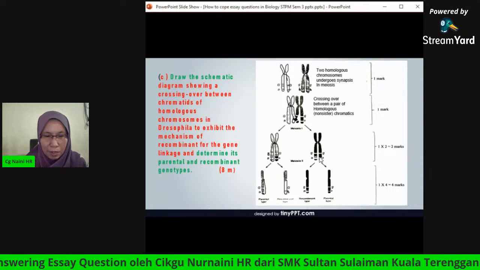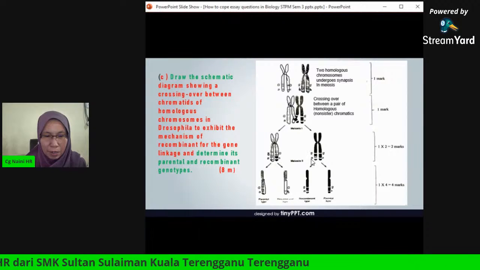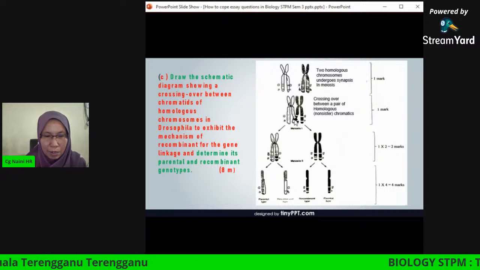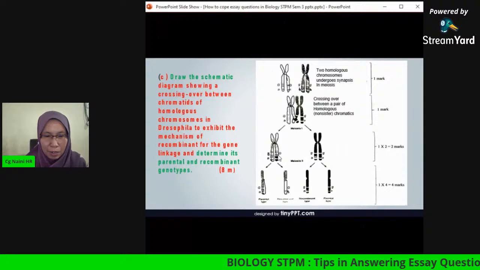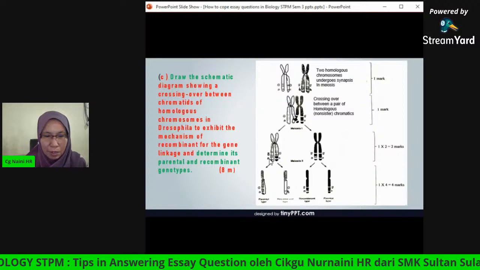The recombinant of genes also. This shows you the small g and big B, because here is slashed with the big B.